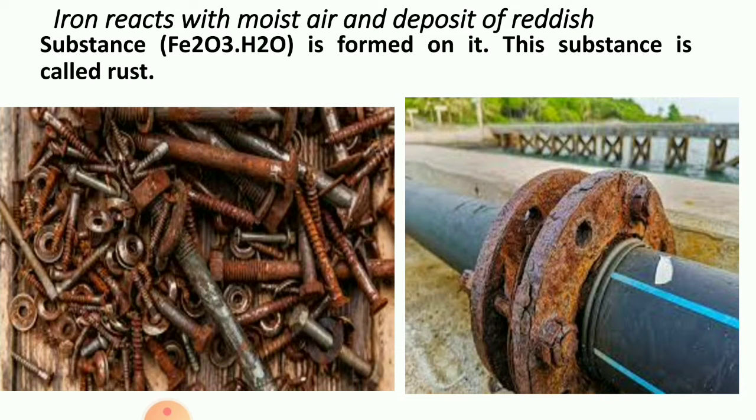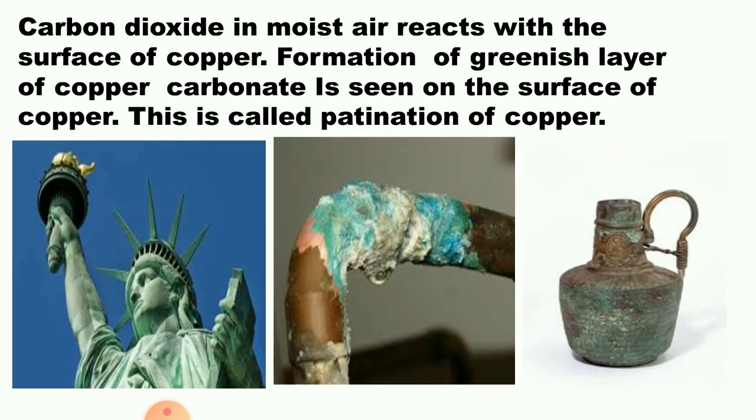This substance we call rust, and because of rusting, the iron degrades, its life becomes short and it is of no use, and it has to be replaced by another iron article. So that much money is wasted.